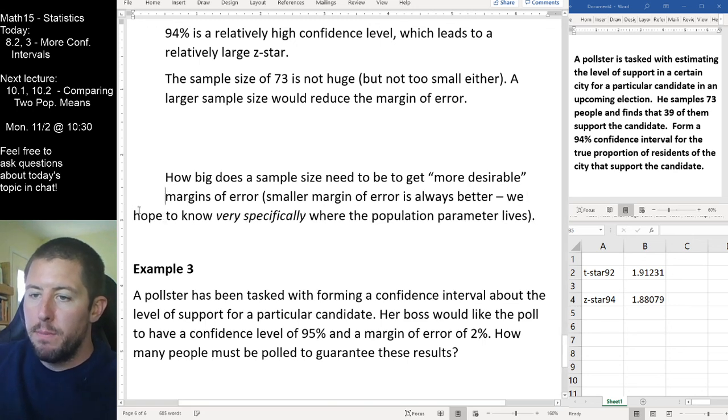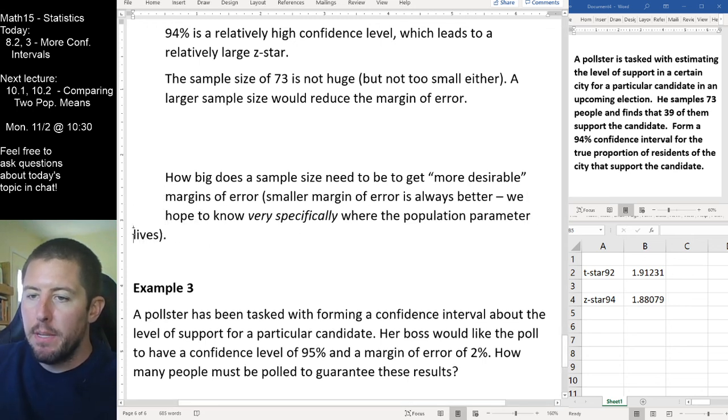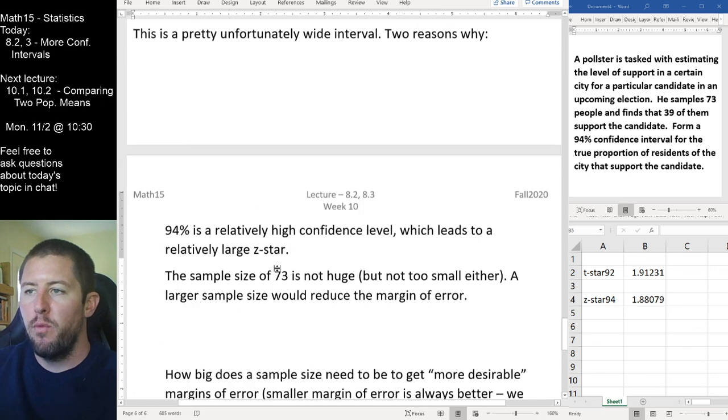So the point is, small margins of error are much better because they give us a much more specific picture of where the true value is.